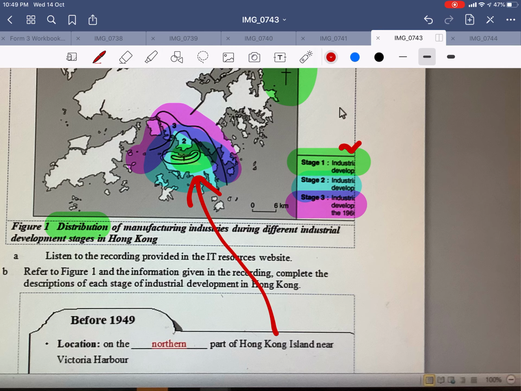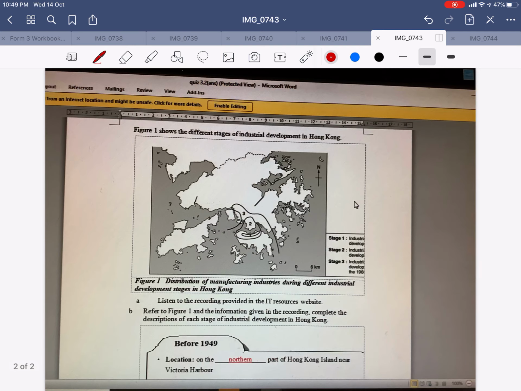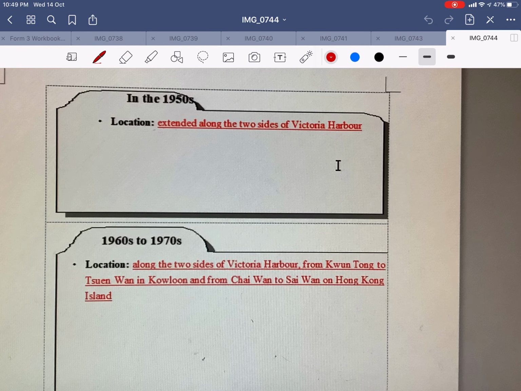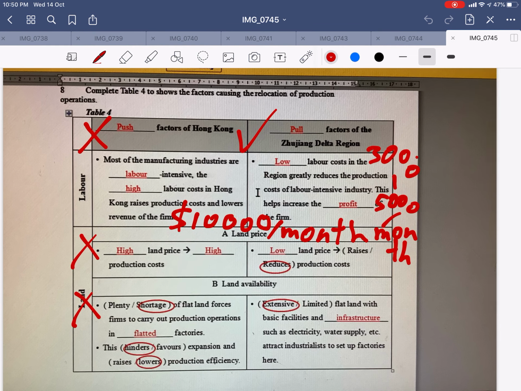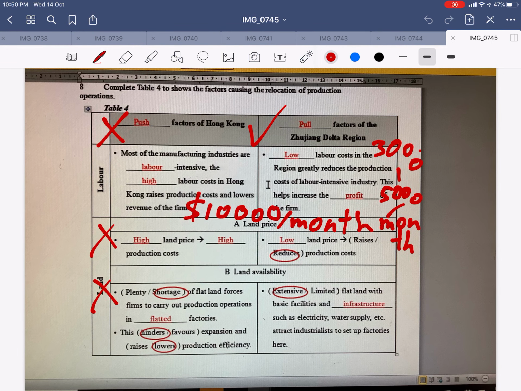So let's unlock this one, and then this one. Accordingly, some of you very funnily said this one is the labor factor of Hong Kong, but it is not only labor. Bear in mind push factors, which is talking about things being no good so we are leaving, something which is pushing you.